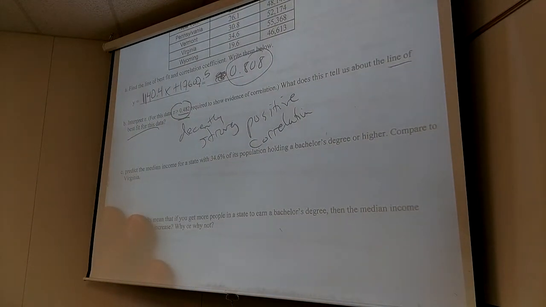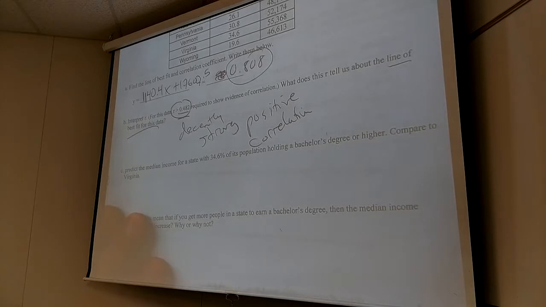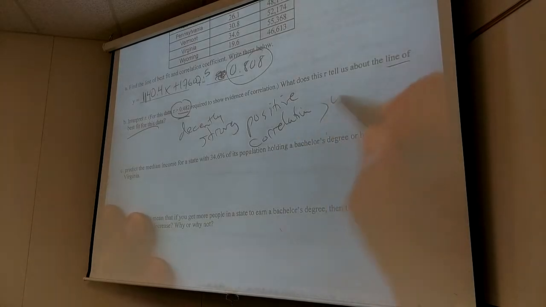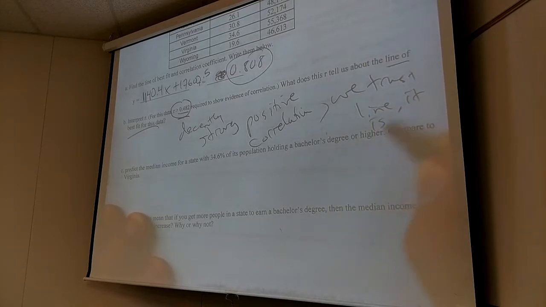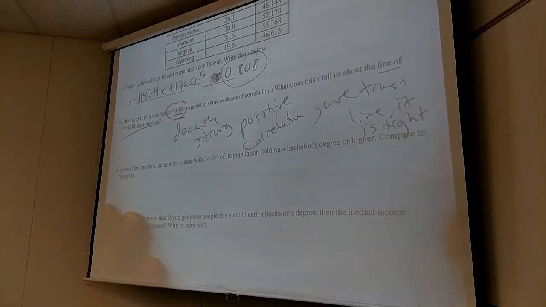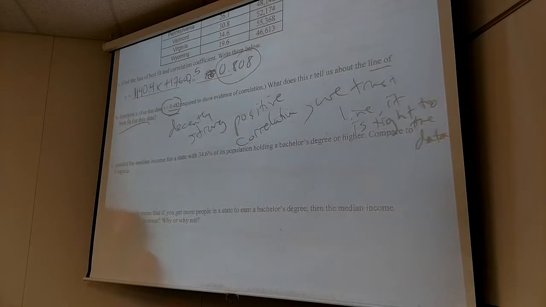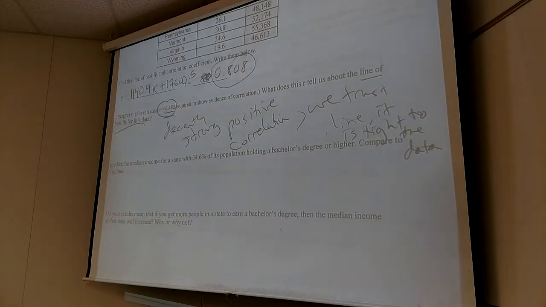But do we trust the line of best fit or not? Yes, we trust it. It is tight to the data. Yes, we trust it. It's tight. Does it make sense? It's tight to the data.